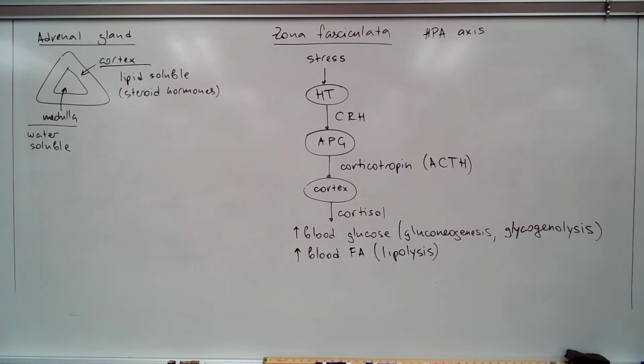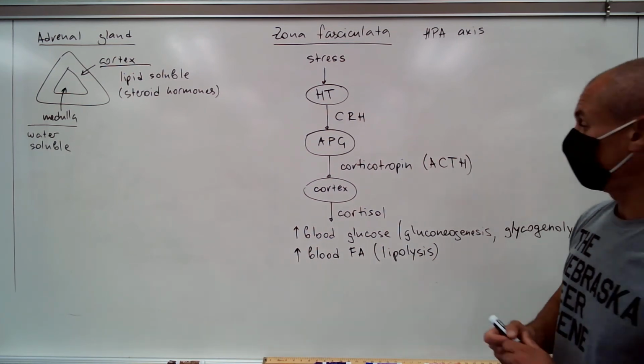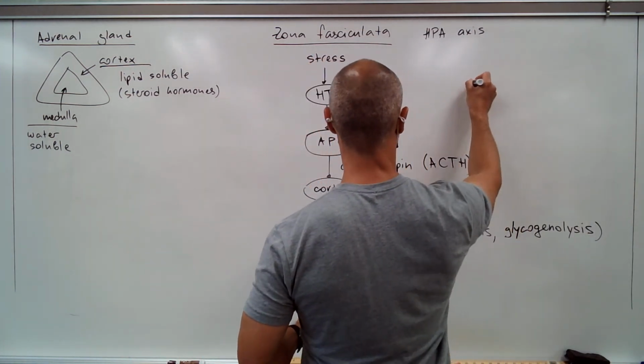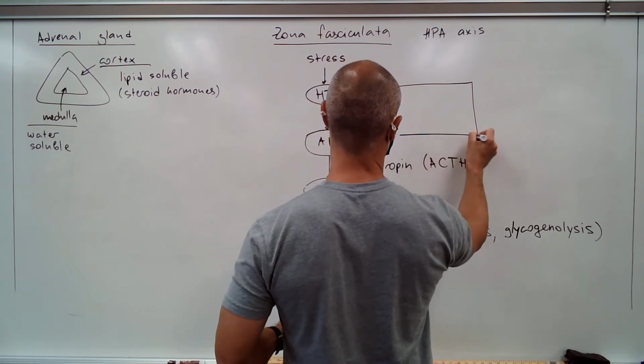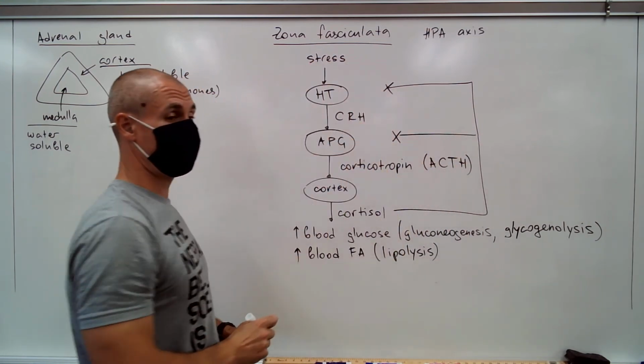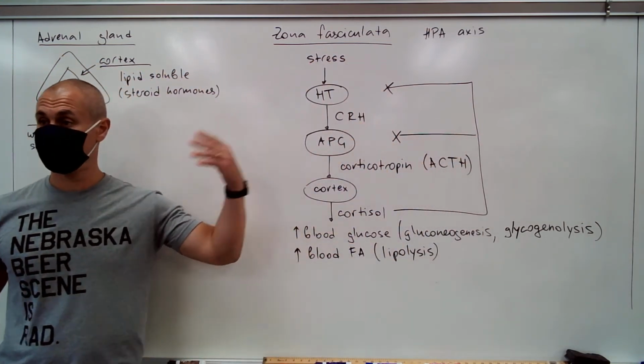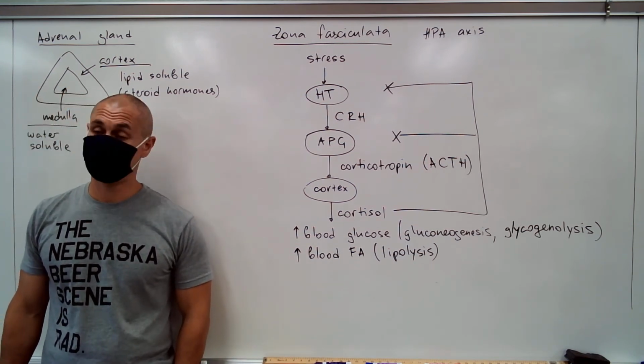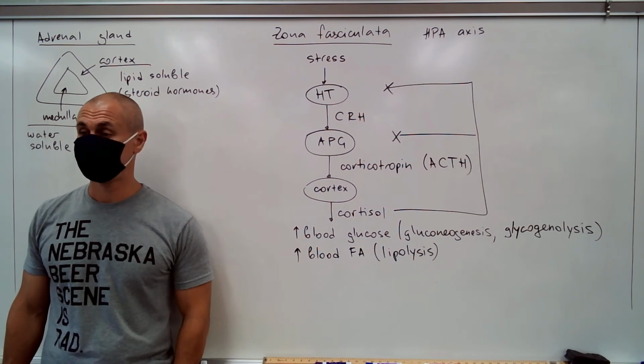Awesome. And as usual, we need to establish our link here. So just as before, cortisol inhibits hypothalamic release of CRH and release of ACTH from the anterior pituitary gland.